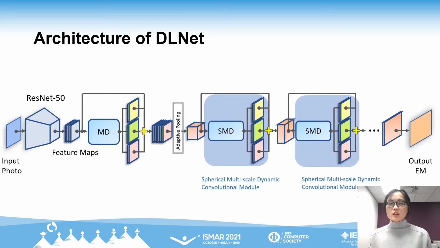We impose a novel spherical multi-scale dynamic convolutional module, which we call the SMG module, onto multiple layers of the decoder. We also impose a multi-scale dynamic convolutional module, which we call the MG module, onto the feature extraction layer. The dynamic features extracted from the dynamic convolutions are more selective for lighting-specific cues and improve the generalization of the lighting estimation.